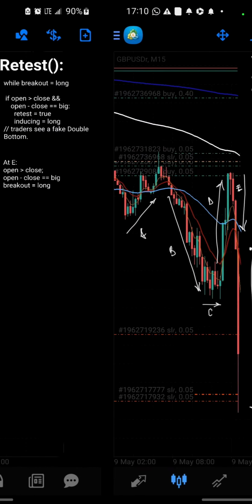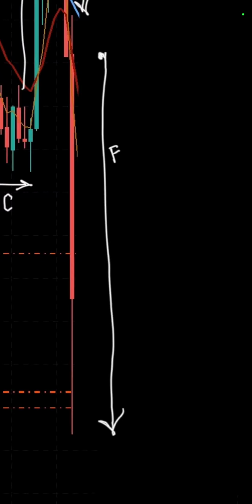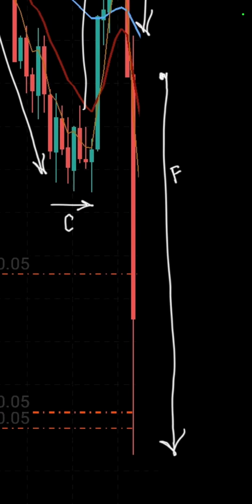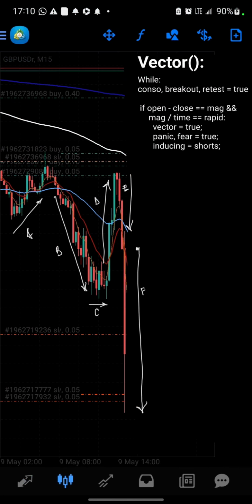You can see with the arrow labeled F, there is one big long red candle going all the way down to form the lowest price of the day as of this point.